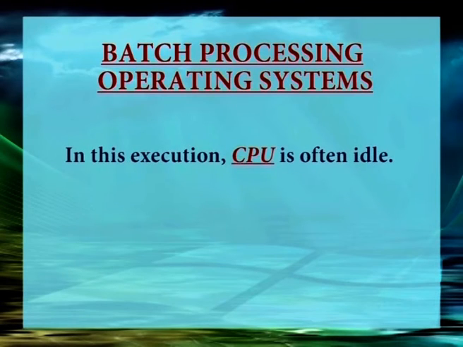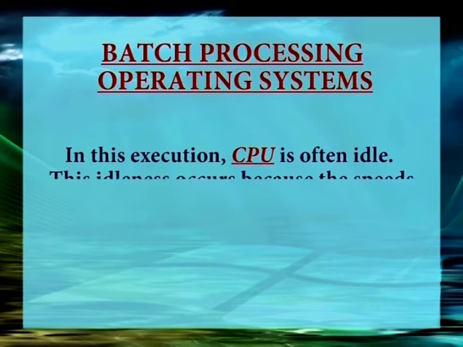A memory resident portion of the batch processing operating system, sometimes called the batch monitor, transfers control from one job to another automatically. In this execution, CPU is often idle.